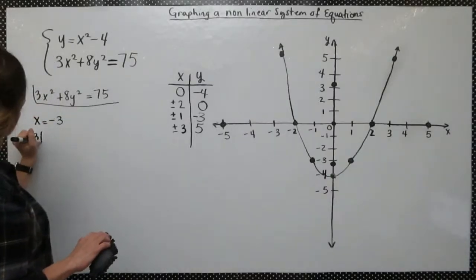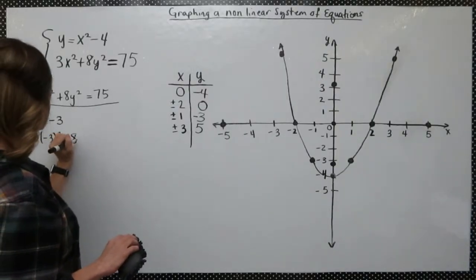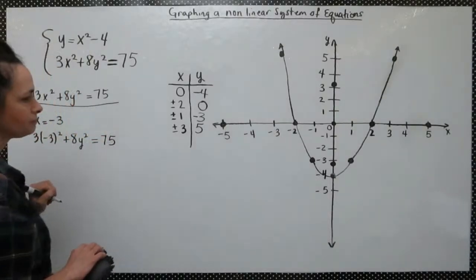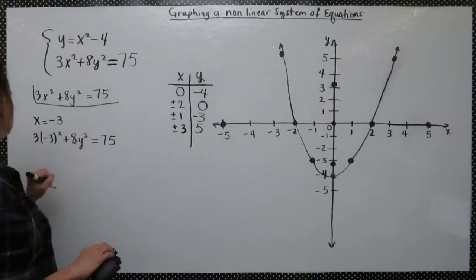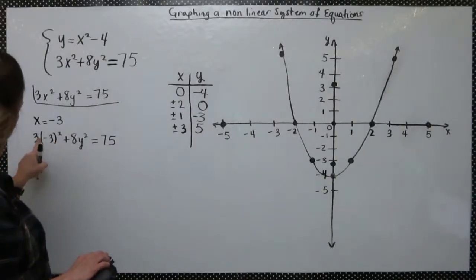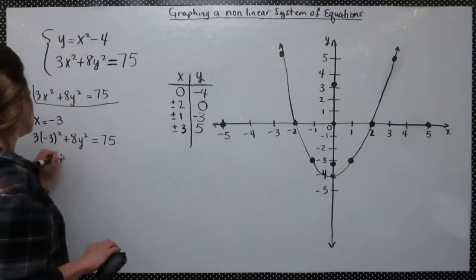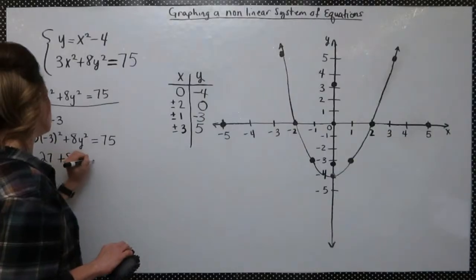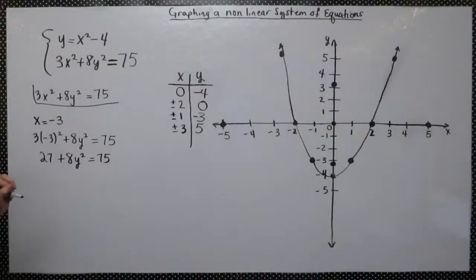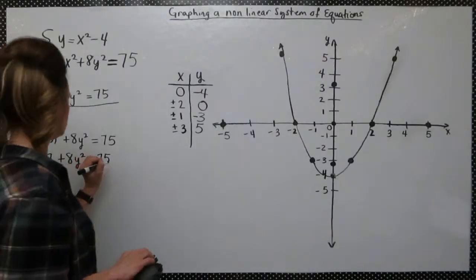We'll have 3 times -3 squared plus 8y squared equals 75. And -3 squared is 9, times 3 is 27. So that's going to give me 27 plus 8y squared equals 75. Solving for y, subtract 27 from both sides.